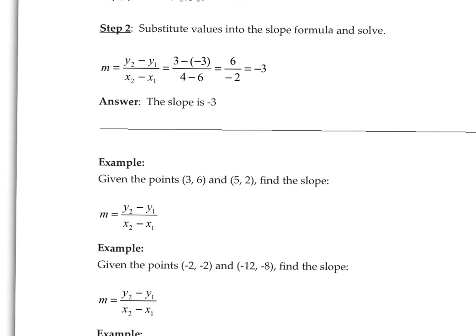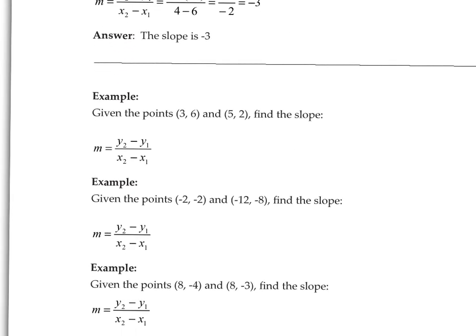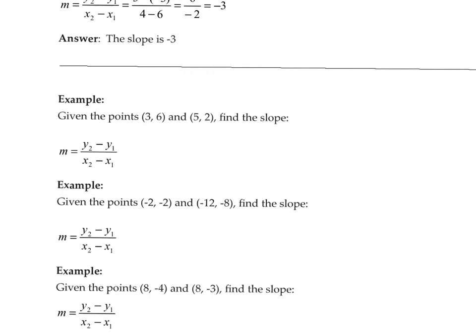All right, let's do example 2. I'm going to write next to the author's notations here. So we have find the slope given these 2 points. So we have x1, y1, and x2, y2.